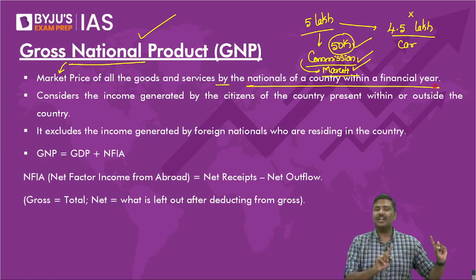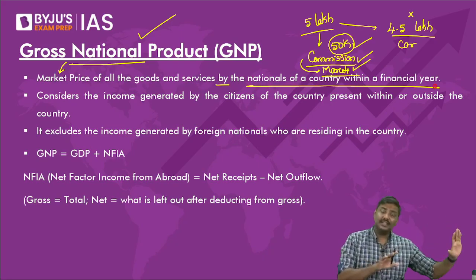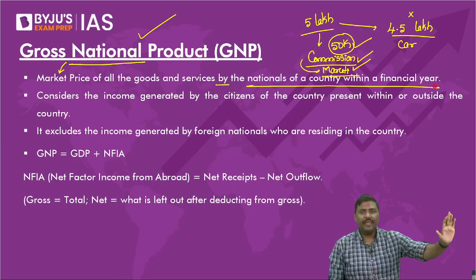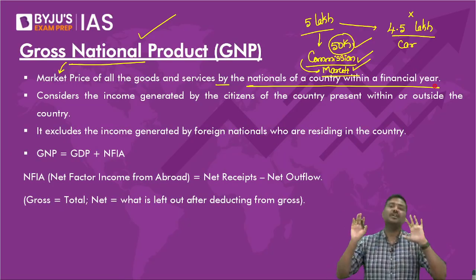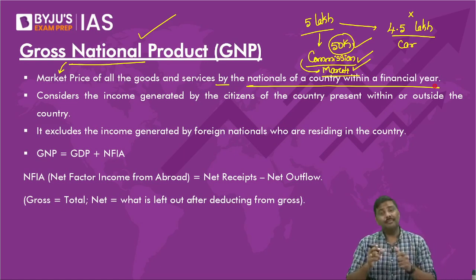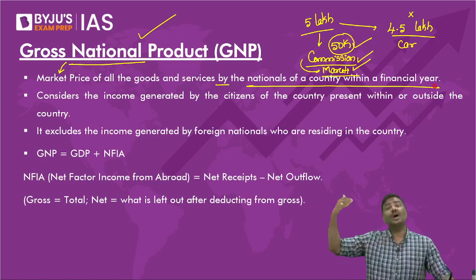Understand the difference here. In GDP, as long as it was produced in India, we counted it as part of India's GDP. In GNP, we are not worried whether it is produced in India or outside India.